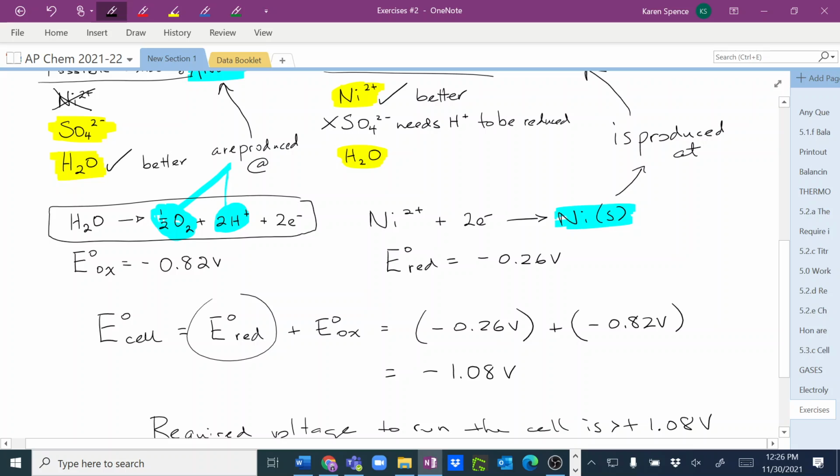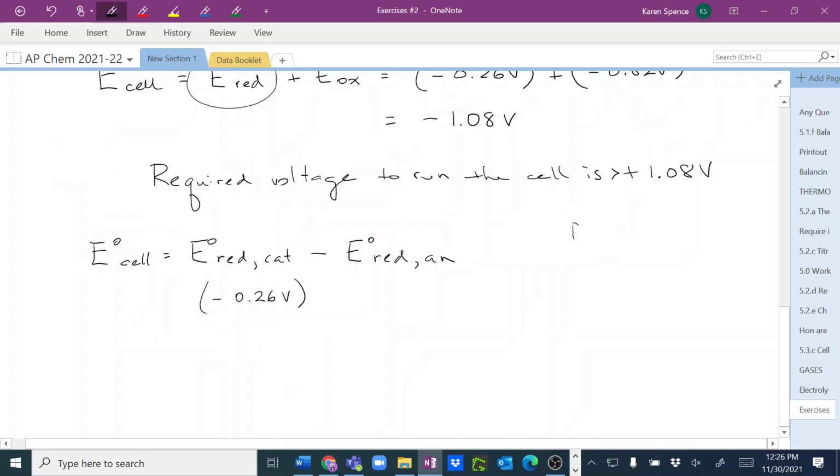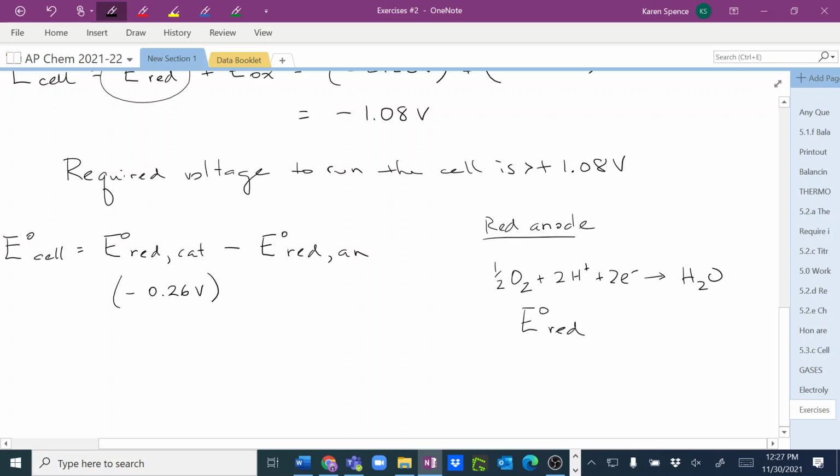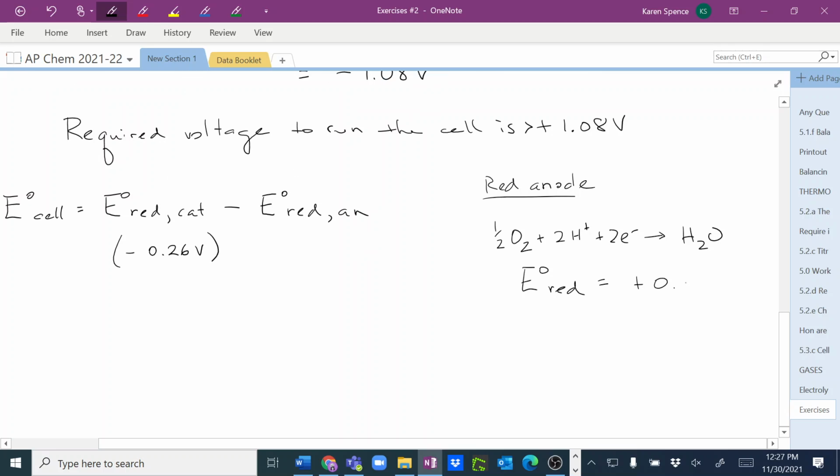That would be the reverse of this, so it would be 1/2 O2 plus 2H plus 2 electrons gives us H2O, and the E0 of reduction for that is positive 0.82.